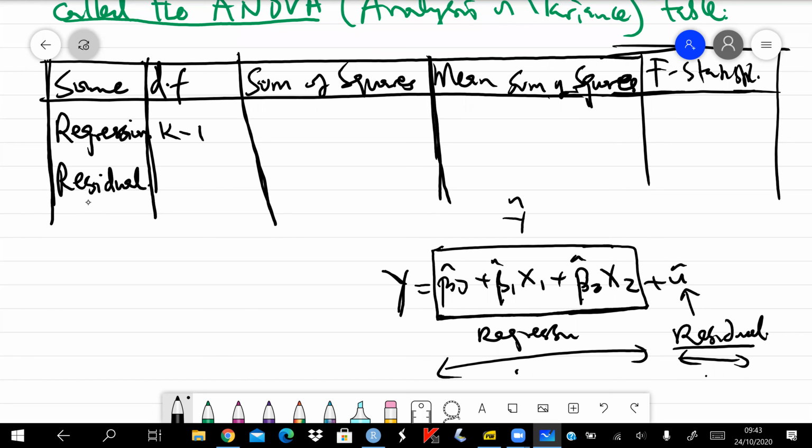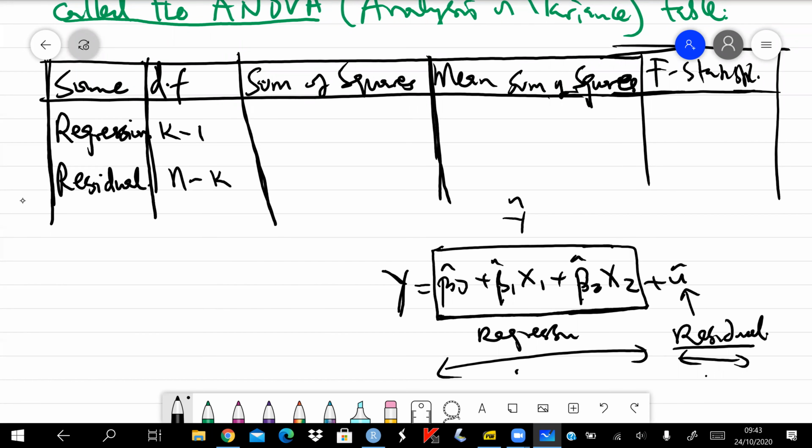Then under the residuals, we have n, the size of the sample, minus k.